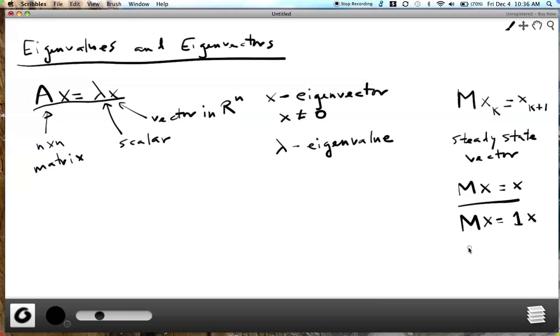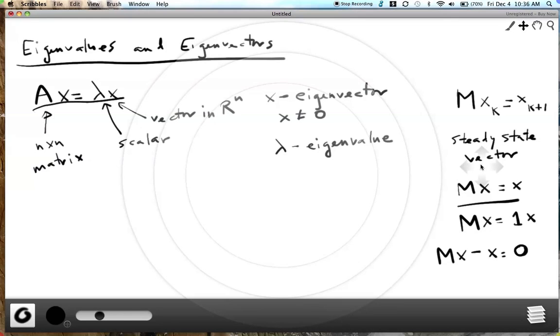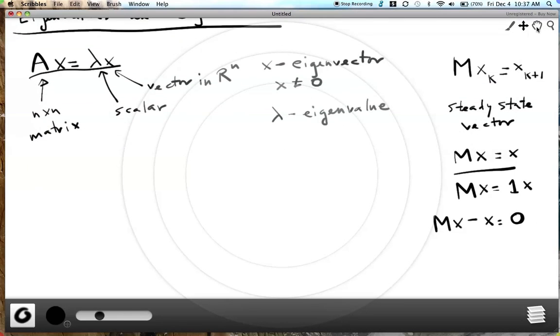If you recall, the way we solved that system was to bring the x over to the other side. So we ended up with Mx minus x equals a zero vector. And then we factored out the x.